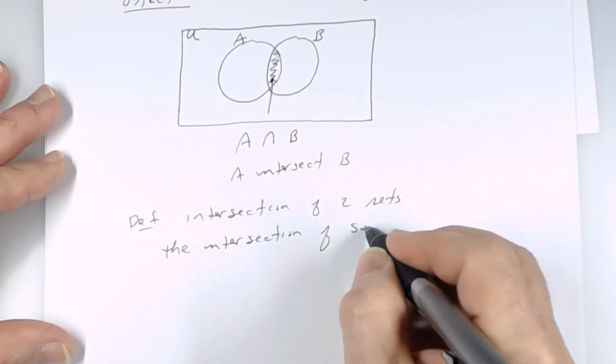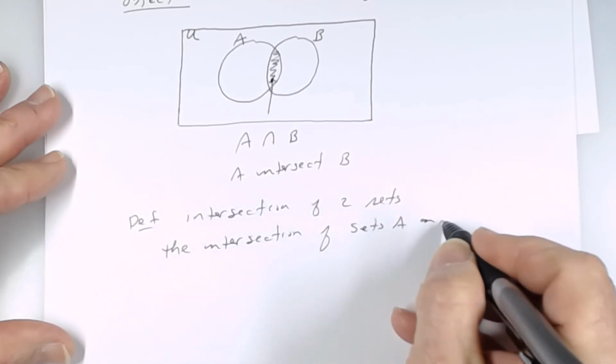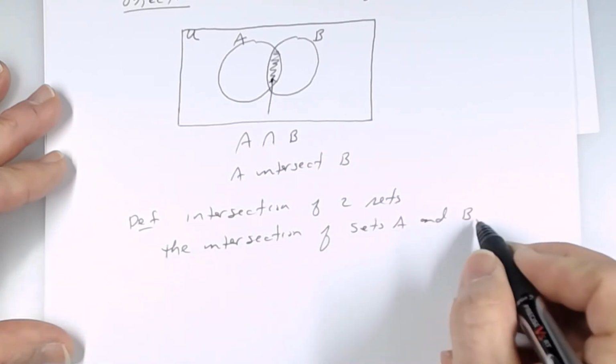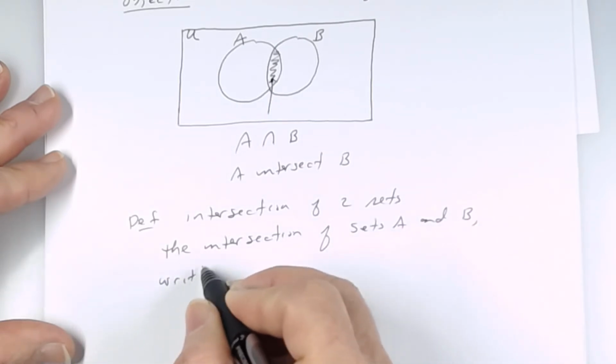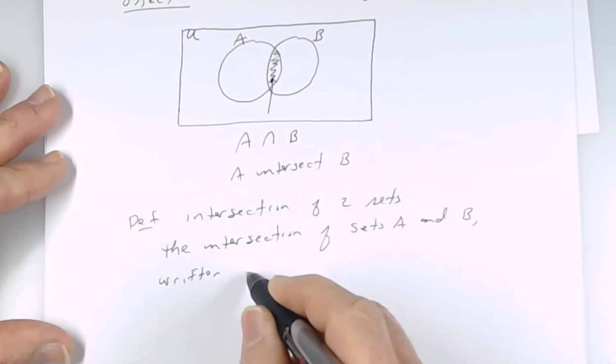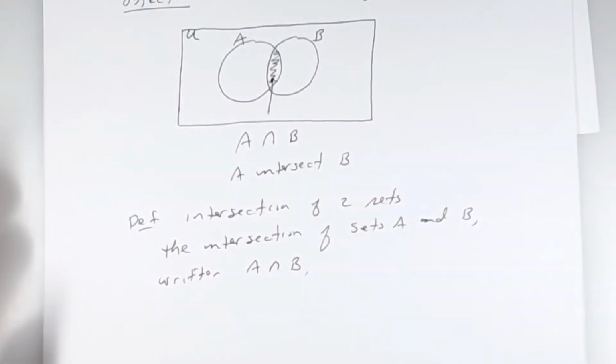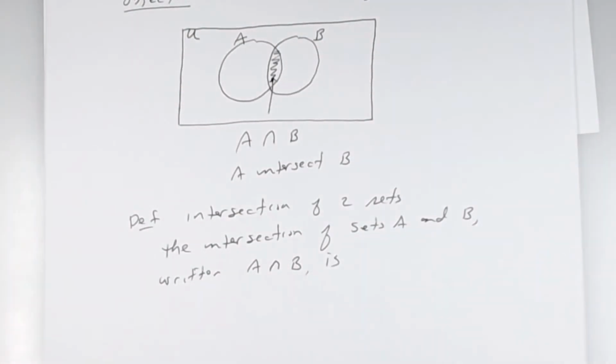The intersection of sets A and B is written as what we just showed you. Remember, that means A intersect B. We had the discussion earlier.